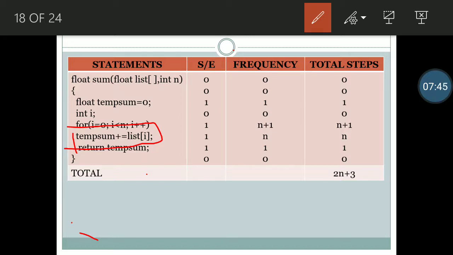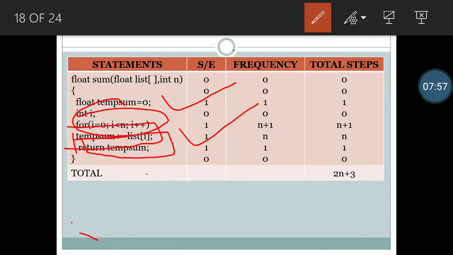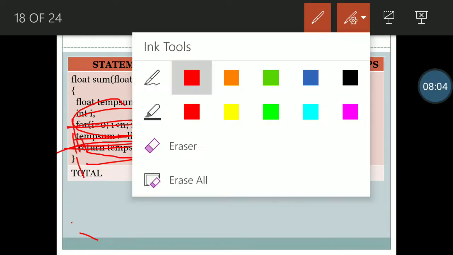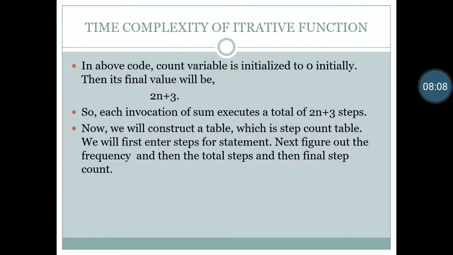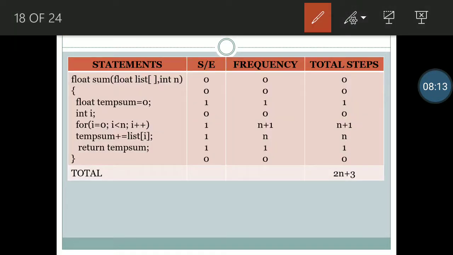That will be executed if and only if the loop condition is true, so it will be executed n times. After this for loop, we have our return statement, return tempsum. It will be executed only one time.